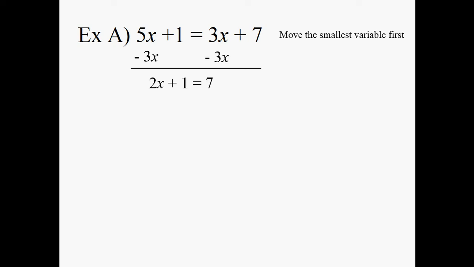And you're going to use the same inverse operations on your test on Friday. So you obviously subtracted 1 on both sides. So what do you get? A 6. And then when you divide both sides, what is your value for x? The x is obviously a 3.